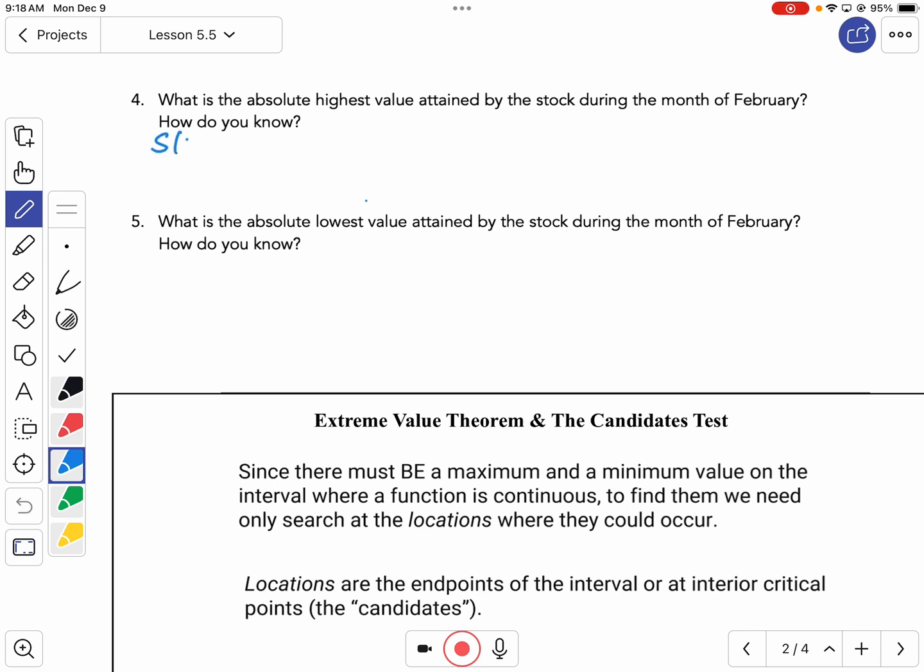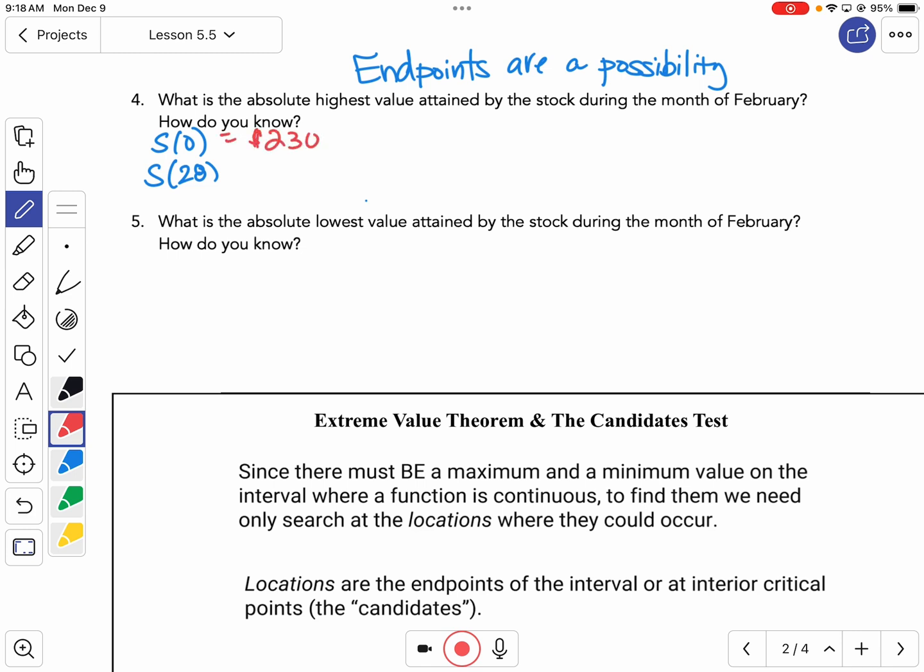Okay, so let's look at S at 0 and S at 28. Okay, the endpoints are a possibility. Okay, so if we plug those in, S at 0 is $230.